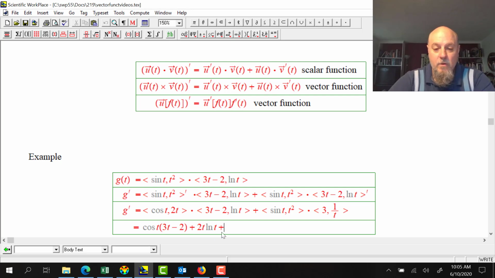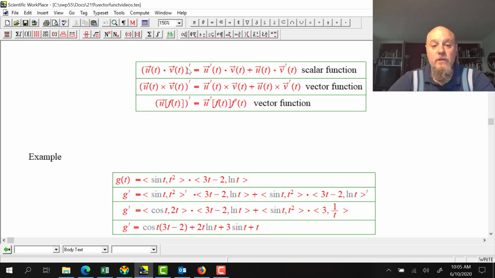So that's this dot product, all a scalar function of time. Now let's do the second one. First times first plus second times second. T squared times 1 over t is just going to be equal to t. So there's our derivative, a scalar function. There's g prime as an example.